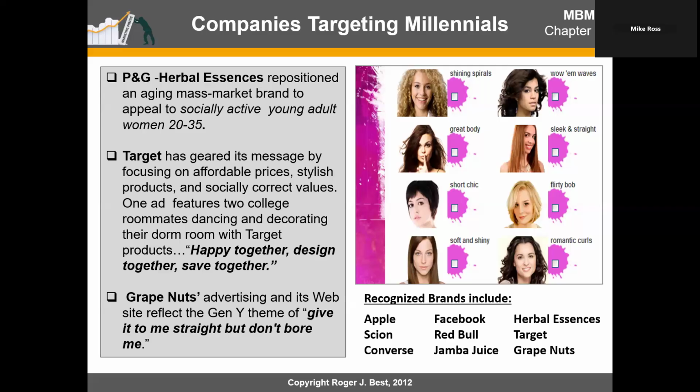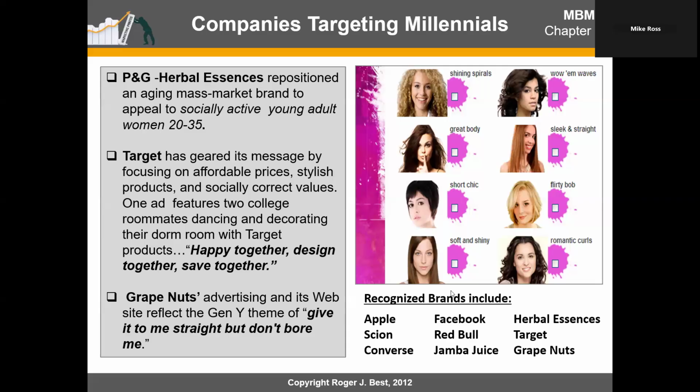Certainly in clothing, we can think about older brands versus brands that are focused on younger people. I think about, for example, clothing brands like Abercrombie and Fitch versus, I don't know, Brooks Brothers. Okay, those are generally different age groups, different looks.